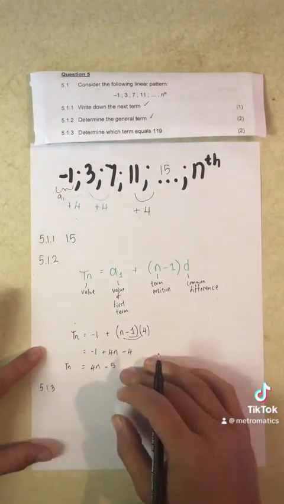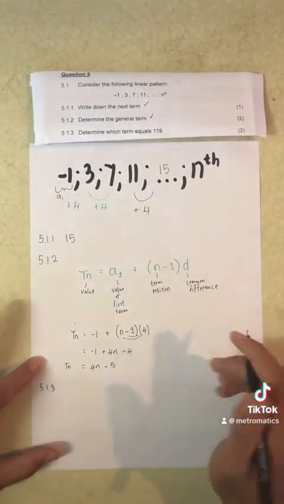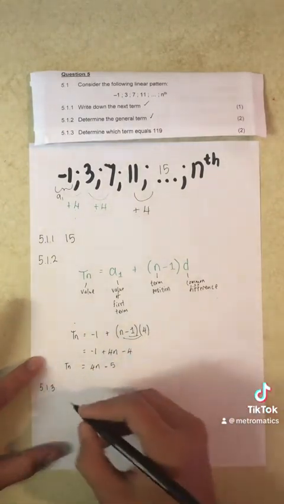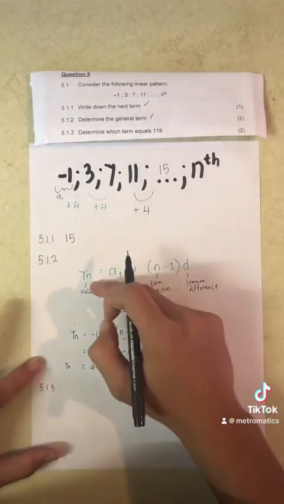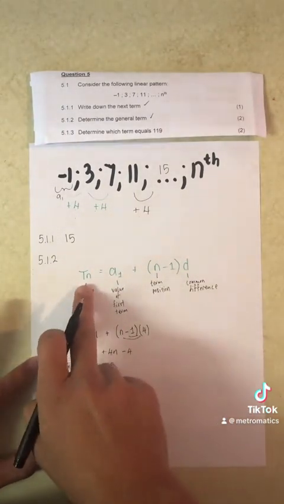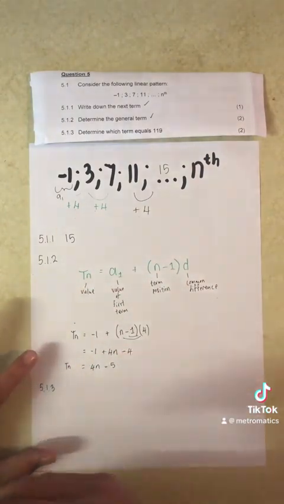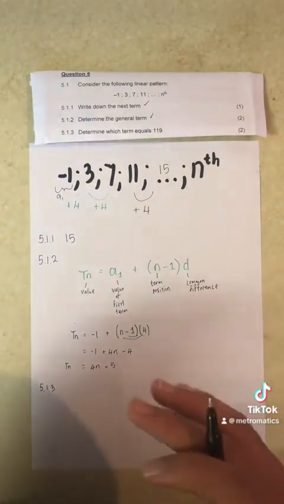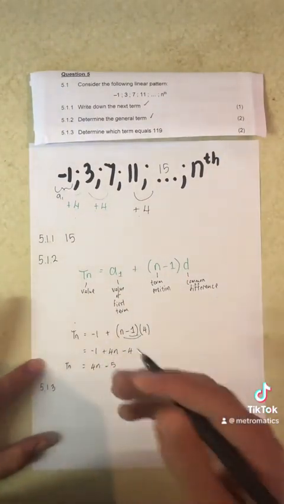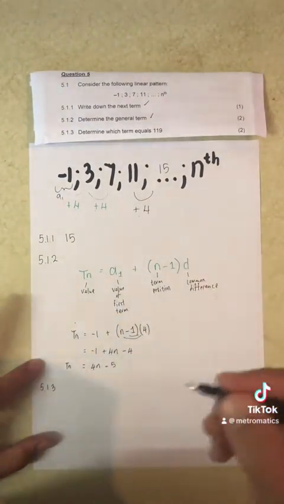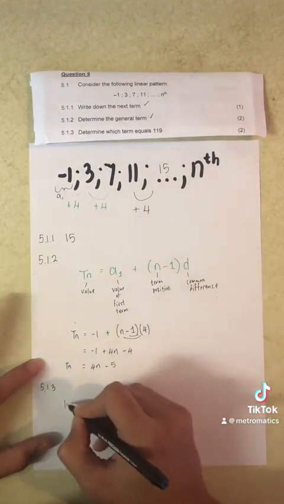5.1.3, determine which term equals 119. Like I said before, this Tn means the value of any term. Here they're telling us that the value of that term is 119.